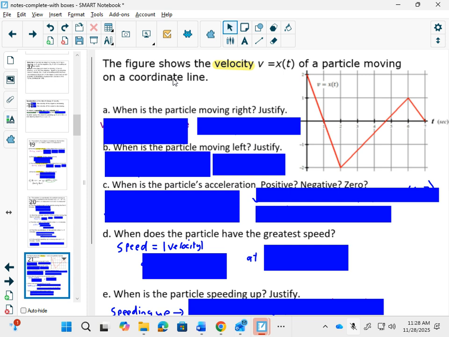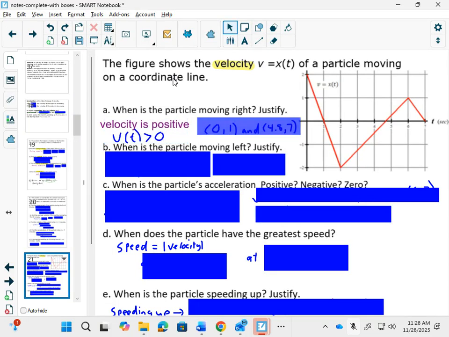How did you do? Okay. So now we have to interpret the graph and understand what's happening. The figure shows the velocity of a particle moving on a coordinate line. When is the particle moving to the right? If it's moving to the right, the velocity would be positive. Okay?